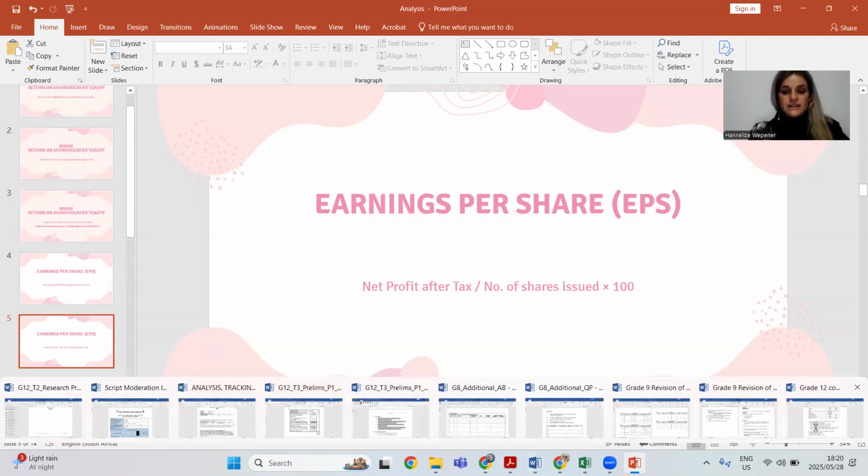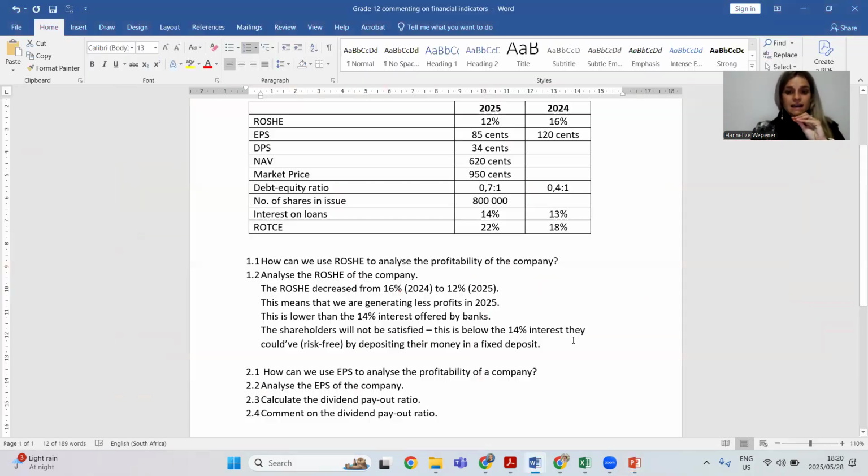So in other words, we are looking at how much profit the company is making per share issued. Okay, that's it.